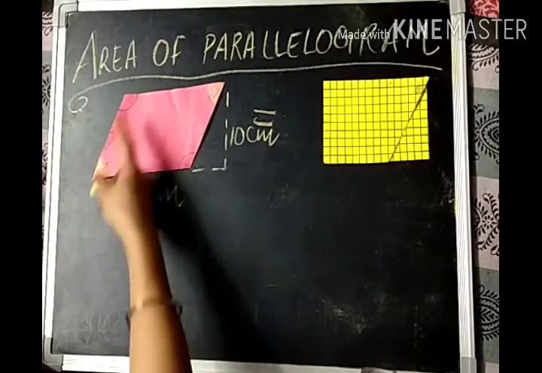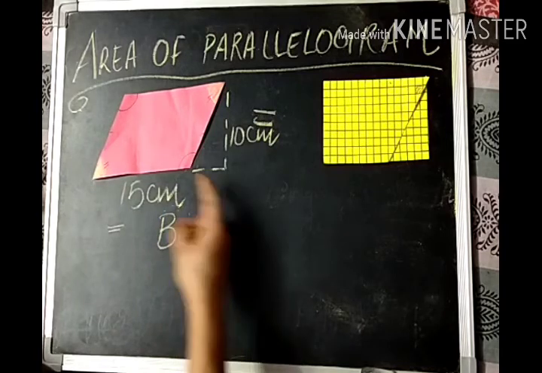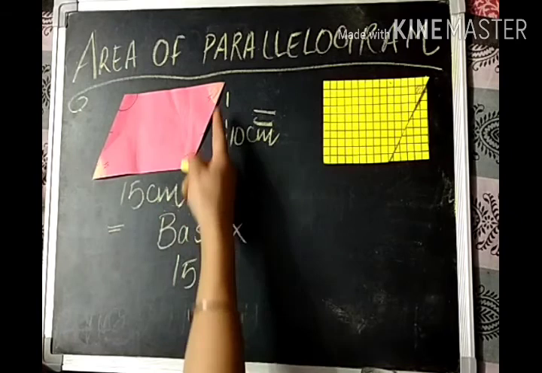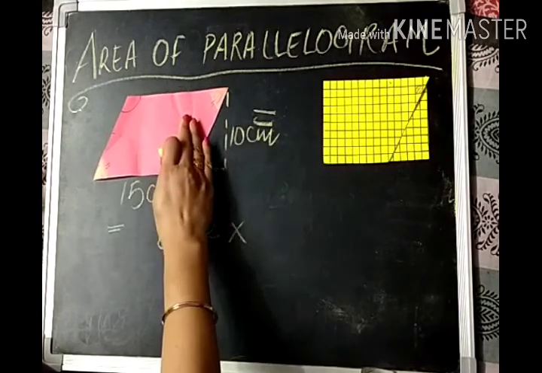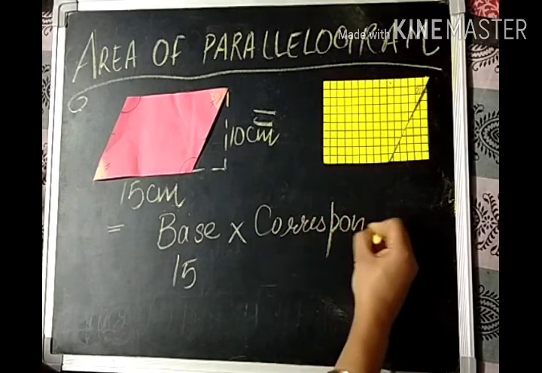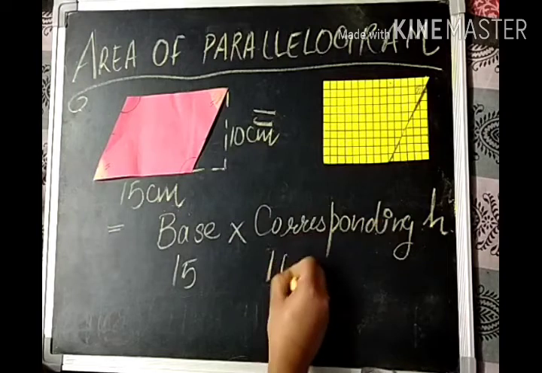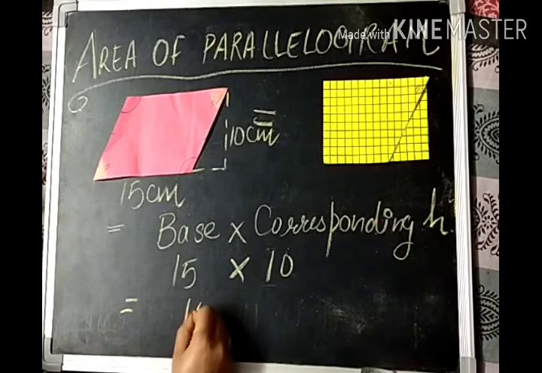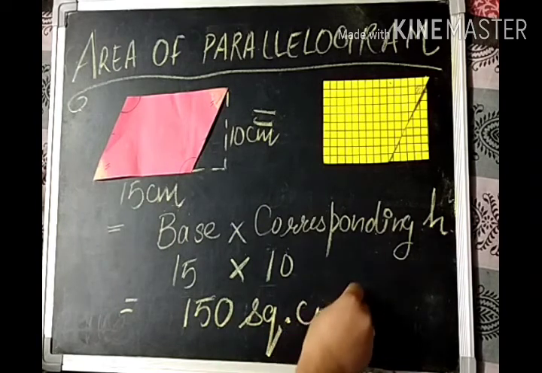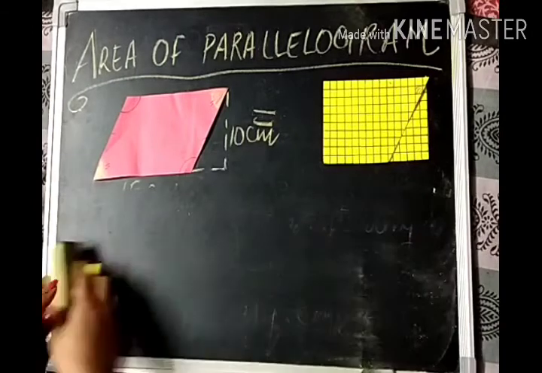So the area of this parallelogram, how will we find it? We look at the base dimension, which is 15, and the dimension for the corresponding height, which is 10. So we'll multiply it. The area will be 150 square centimeters.